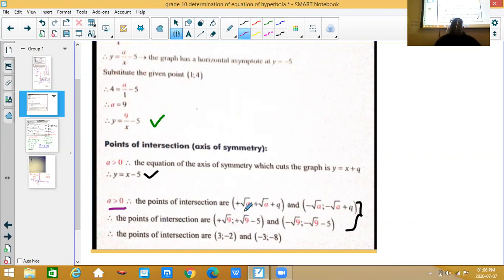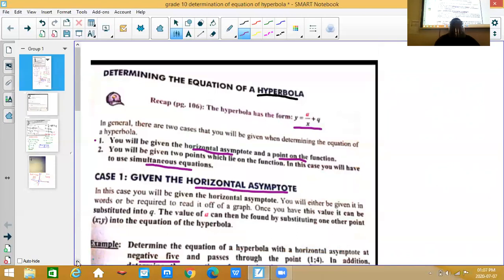Now, when we come to this one, the square root of 9 is always going to be plus or minus, but in this case, you are going to take the negative one, which is minus 3. And here it is minus 3 minus 5, which is minus 8. These are the answers that we got up there. Let me pause for questions if there are any.